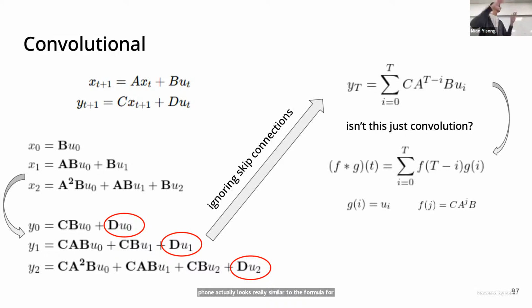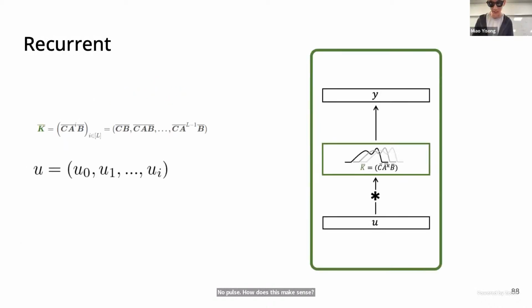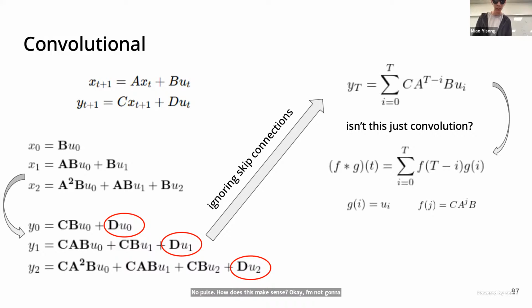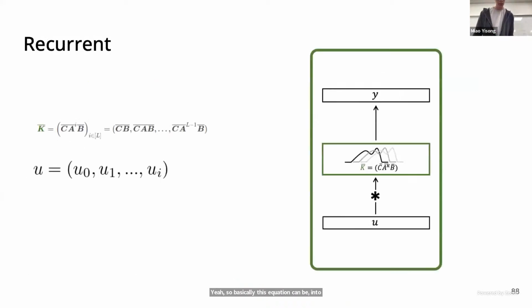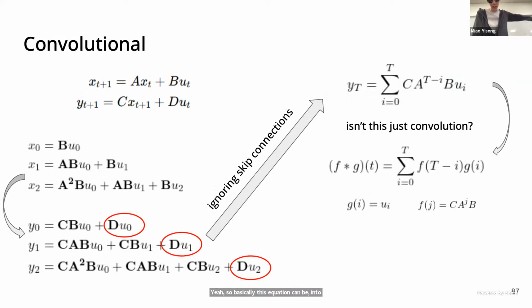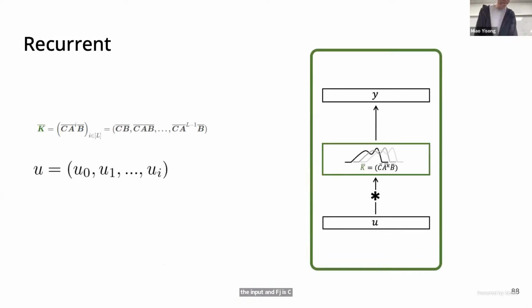I'm going to pause. Does this make sense? Okay, I'm not going to wait for an answer because that would take too long. Basically this equation can be rewritten into a convolution. So Gi is the input and Fj is C A to the power of j B. So you end up with two of these matrices being convolved together, where one is the U, the input, and the other is the K, which is something that you can just compute.